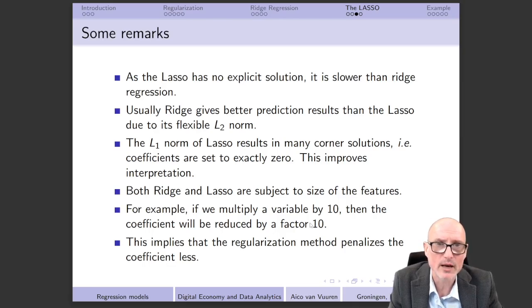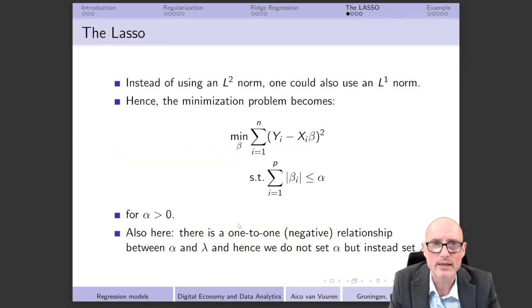Take into account that this is also important when we look at the lasso. The reason is that here too, if we multiply a particular feature by 10, then the coefficient is going to be reduced by a factor 10 as well. But what does that mean for the lasso?